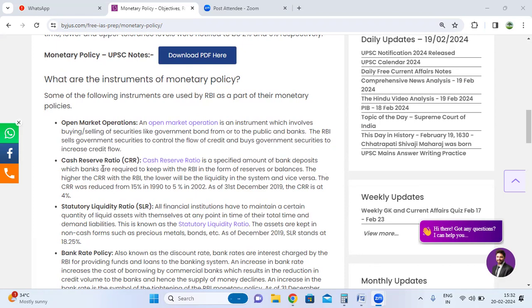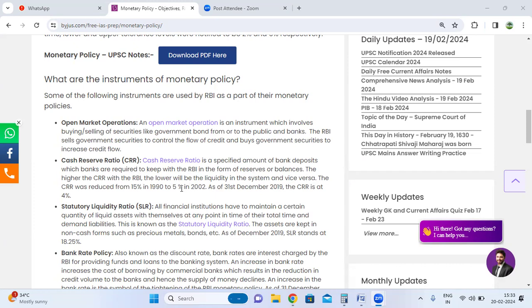Next, the cash reserve ratio, CRR. The cash reserve ratio is a specified amount of bank deposits which banks are required to keep with the RBI in the form of a reserve balance. The higher the CRR with the RBI, the lower will be the liquidity in the system, and vice versa.